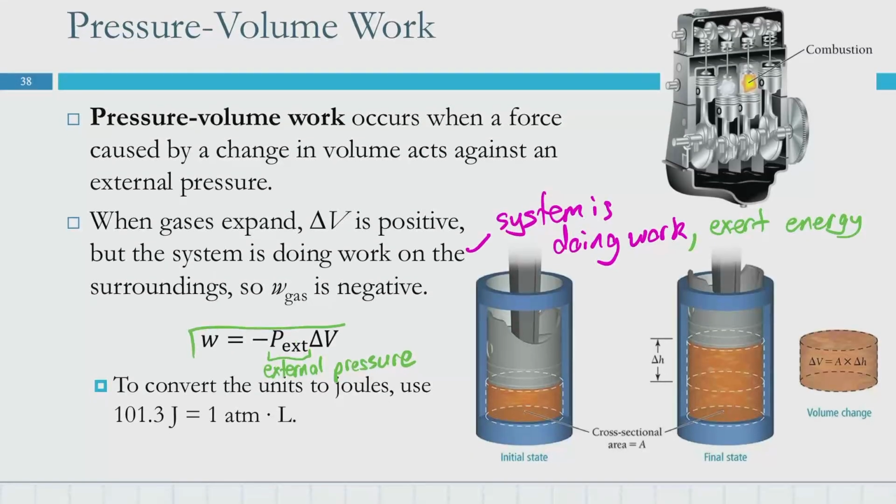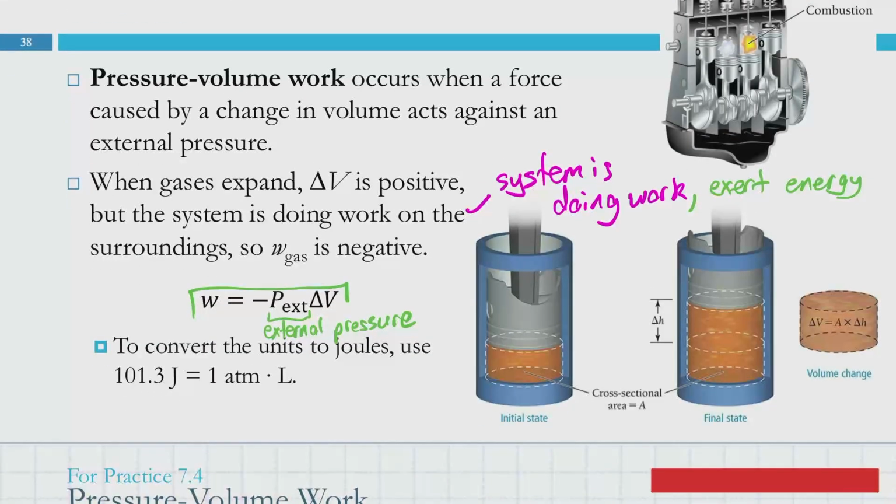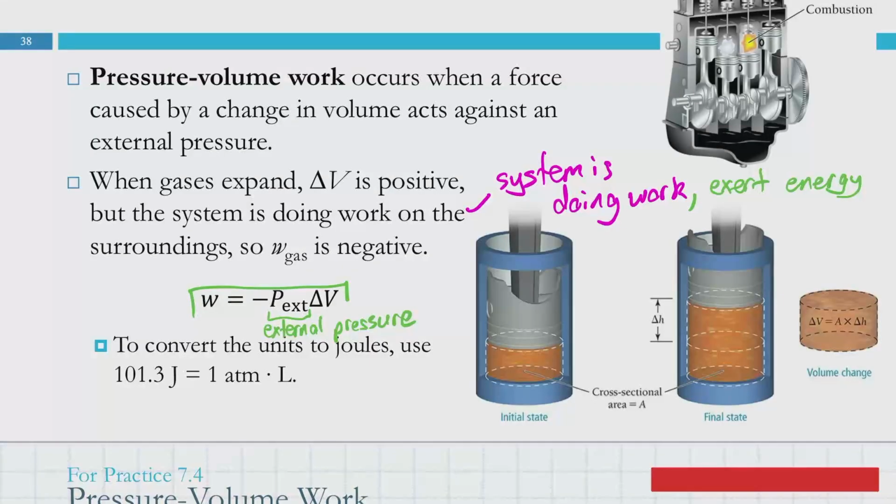So this is another important work equation, energy equation. And to convert the units of pressure and change in volume to joules, we can use this conversion factor. 101.3 joules equals 1 atmosphere times liters.